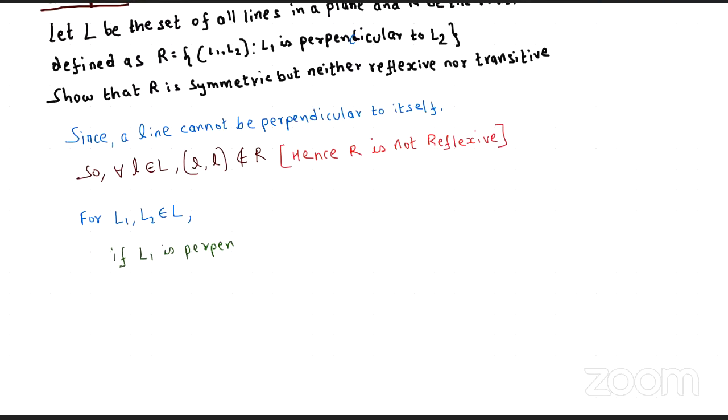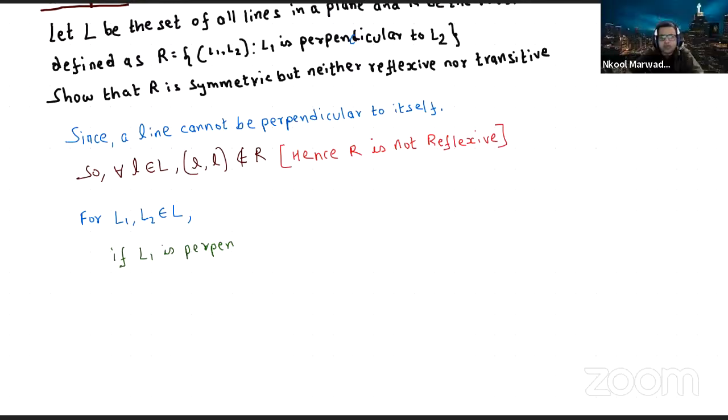So it is symmetrical. If L1 is perpendicular to L2, then L2 will be perpendicular to L1.